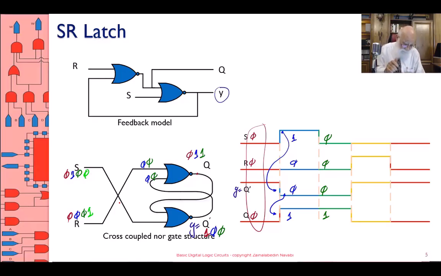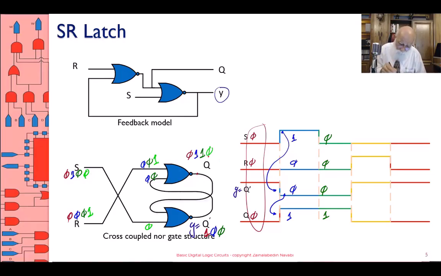The upper gate reacts, and the 1 on R is immediately seen by the upper gate. The upper gate has a 1 on its upper input and a 0 on its lower input. The 1 and the 0 cause the output to become 0.